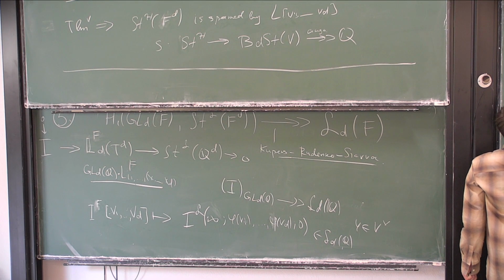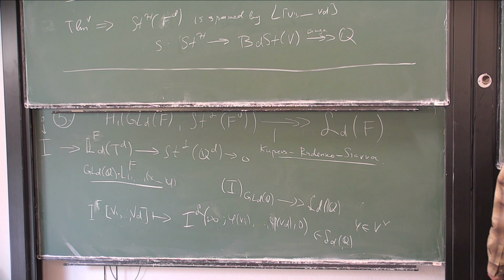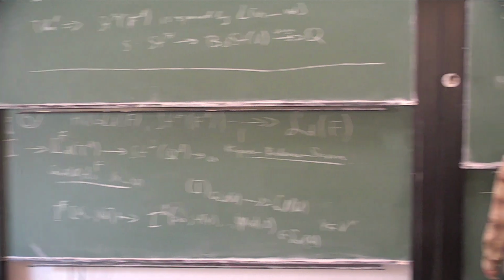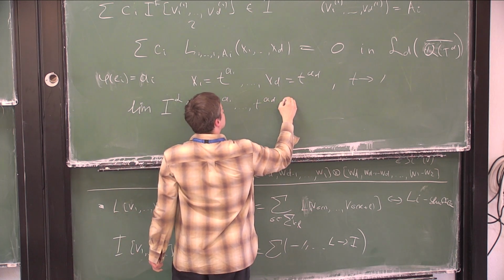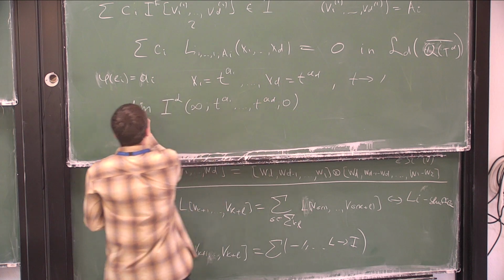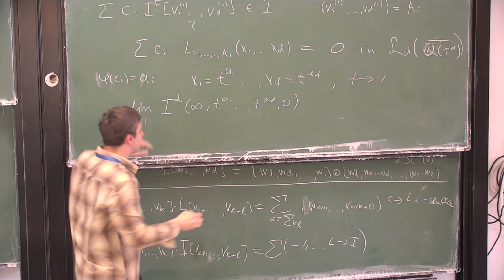There are two cases. If you take the limit of e to the a1, ..., e to the ad going to 0, and t goes to 1, this should be some kind of specialization map.